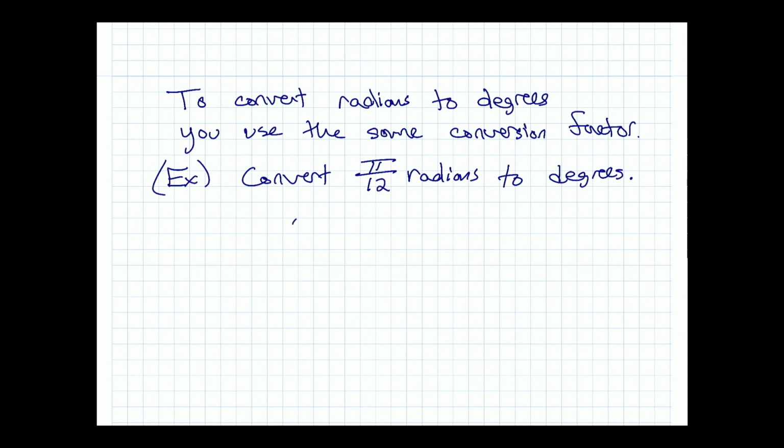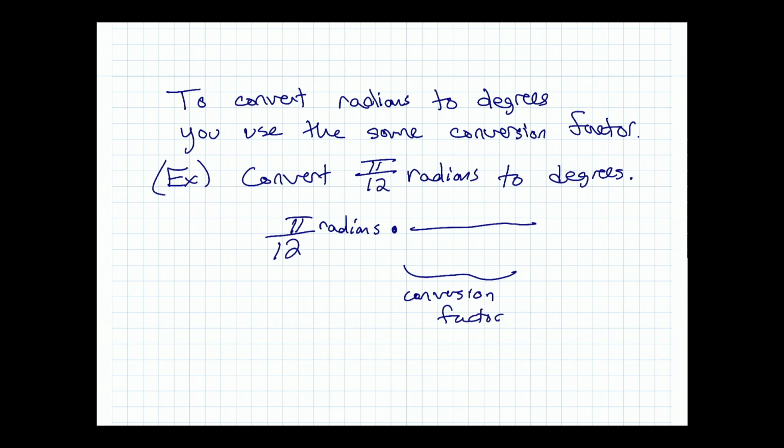So you start out with your angle, just like you did before, pi over 12 radians, and then you're going to multiply by your conversion factor. But on your conversion factor, you want radians on the bottom because we're trying to cancel out radians.